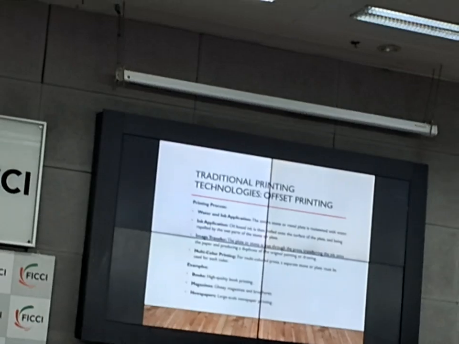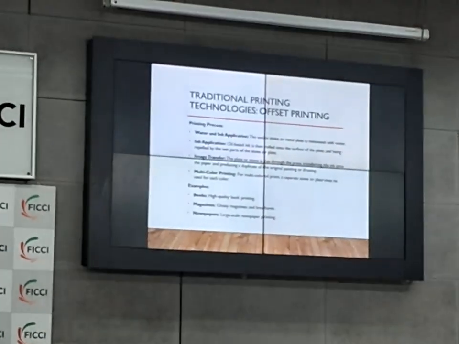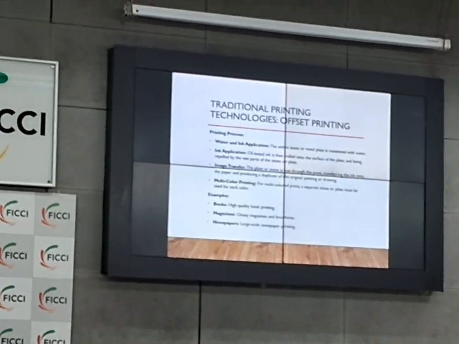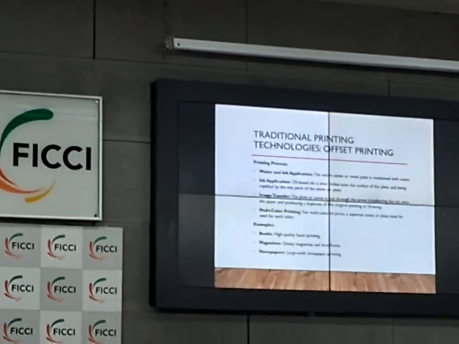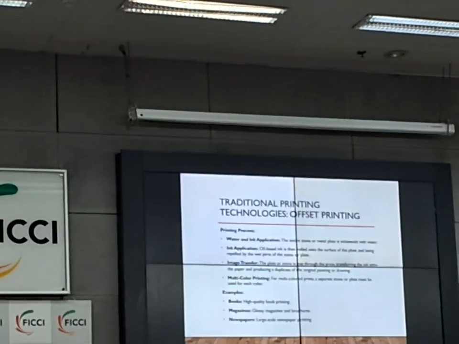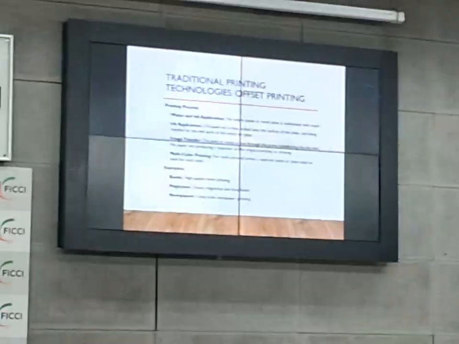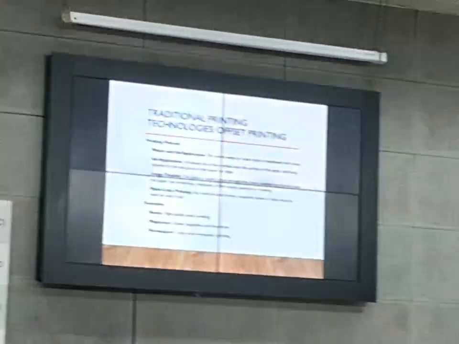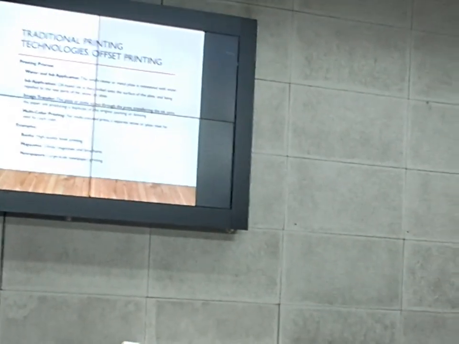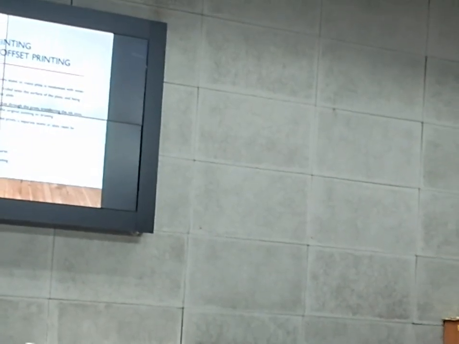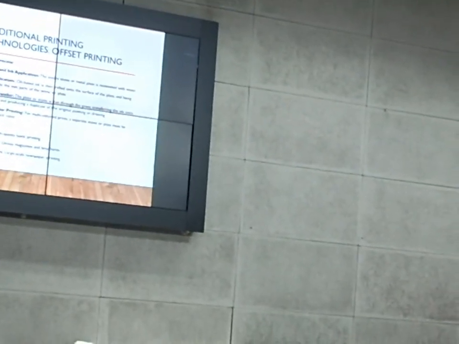Water and ink application. Unlike letterpress, where we directly apply ink onto the image surface and the ink is transferred to the substrate, there is no need for any dampening solution. But the offset printing process requires it, as the image and non-image areas are on the same surface, at the same level. That's why it requires a separation of image area and non-image area. Initially, a dampening solution is applied over the plate and it adheres to the non-image area.